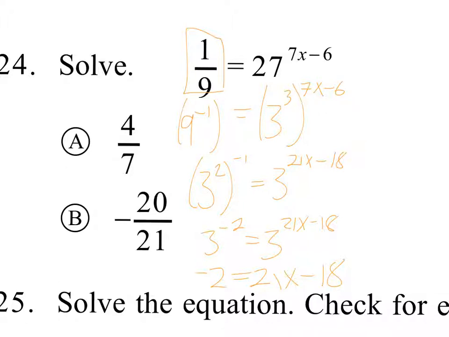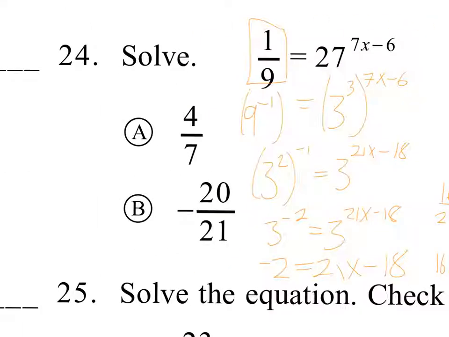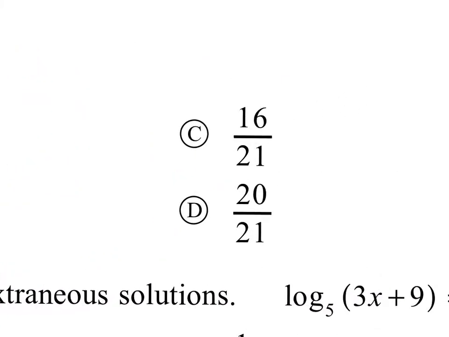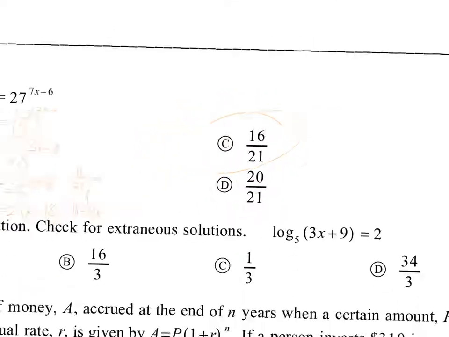If I add 18 to both sides, we end up getting 16 is equal to 21x. Going up, because I'm out of room at the bottom, 16 over 21 is equal to x. And if I look at my answers, A, B, C, D, it's 16 over 21.